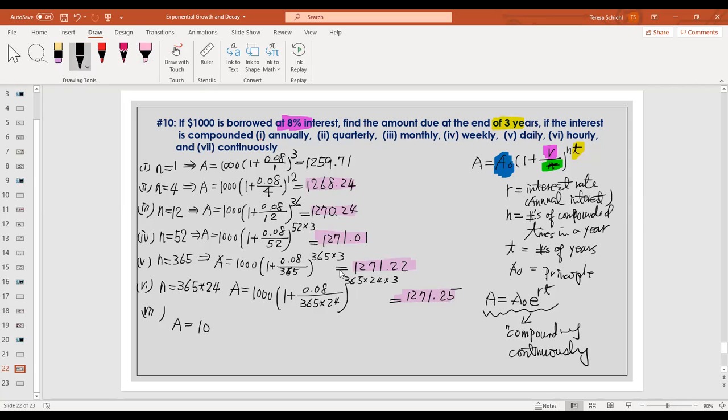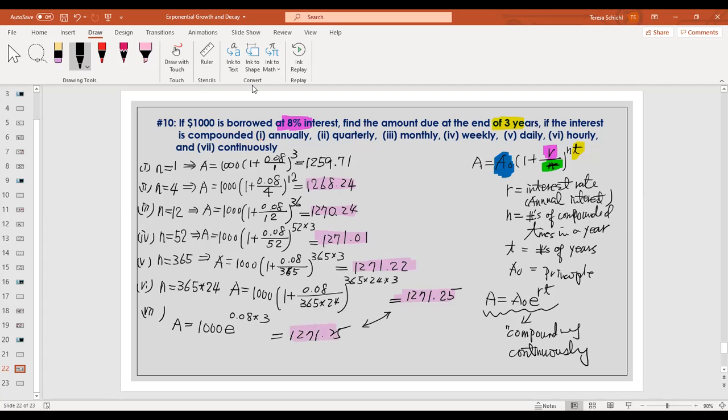So now I have 1,000, then the rt, r is 0.08 times 3 years, right? So what do you have here? It's 1271.25. Of course, here I eliminated some decimal points.